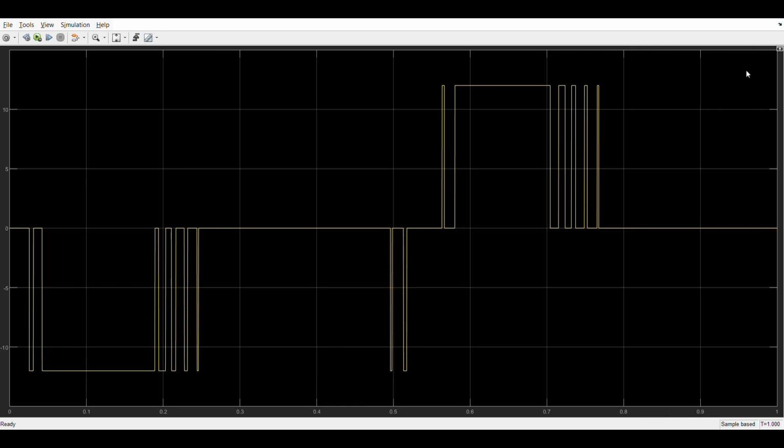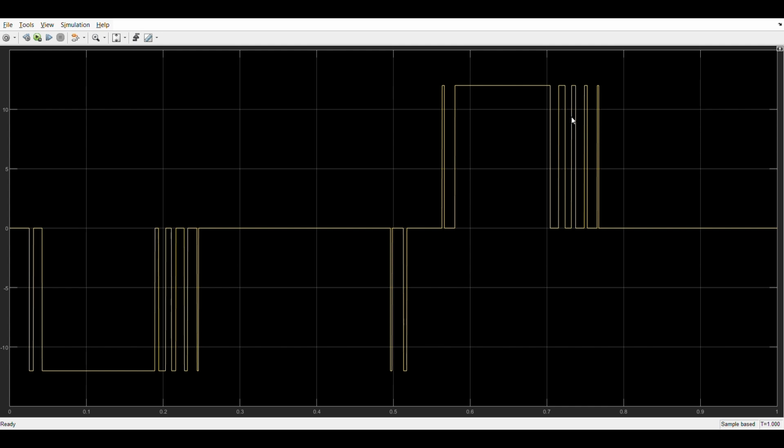This very tiny load time is crucial for the correct function of the second 555 timer, which is in monostable mode, which is responsible for the generation of the PWM signal, which is done by controlling the control voltage going to the second 555 timer.